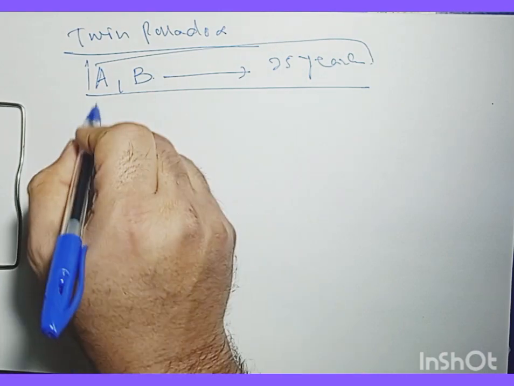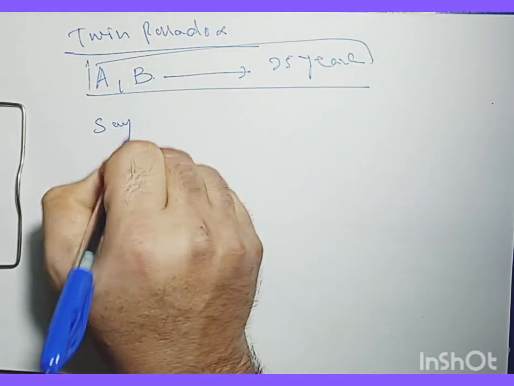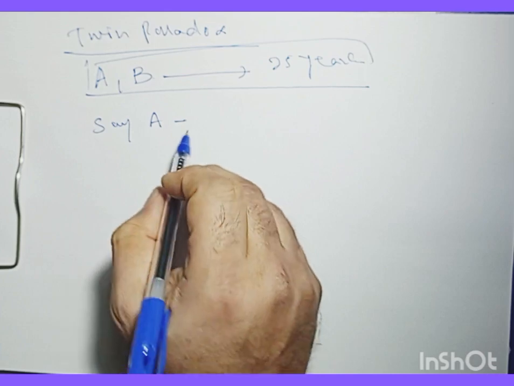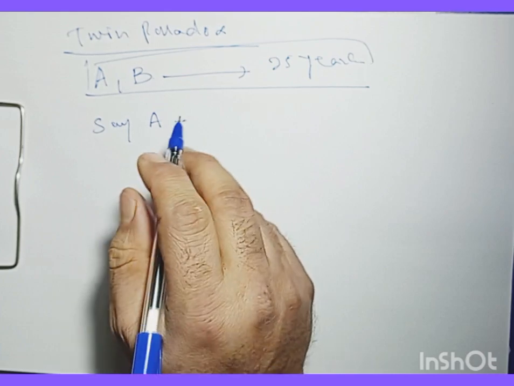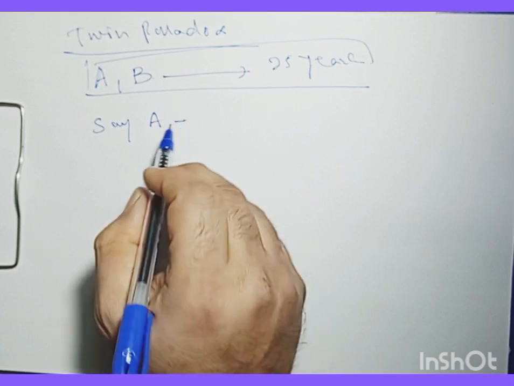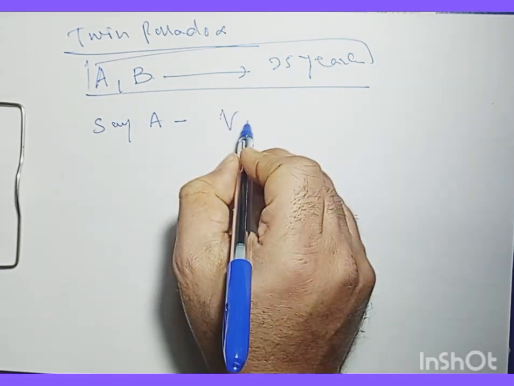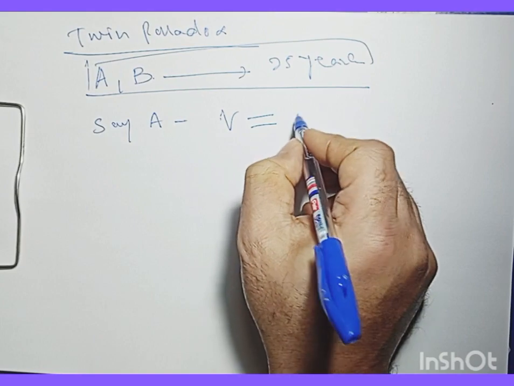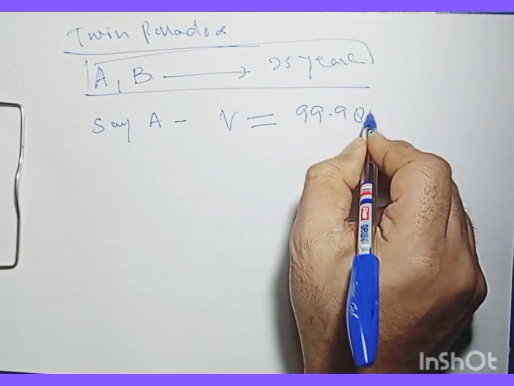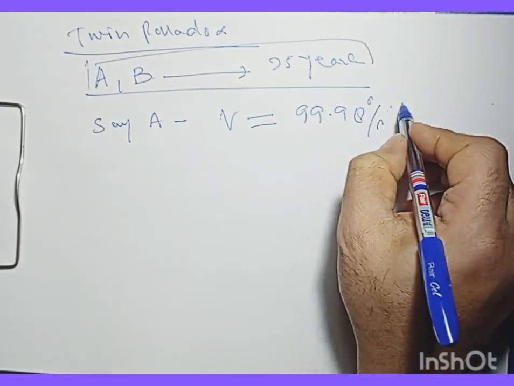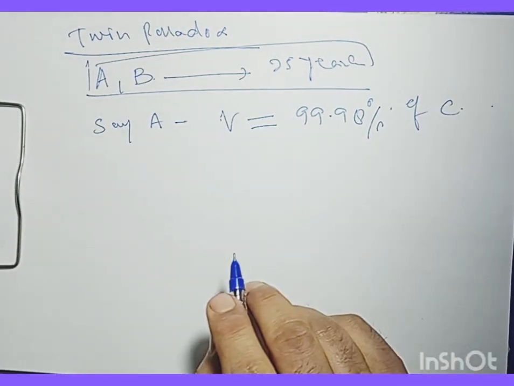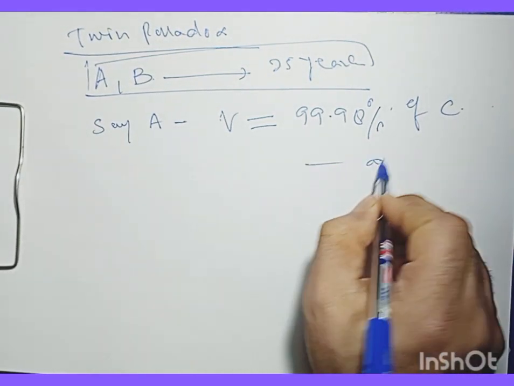Now one of them, say A, sits in a spaceship, and this spaceship travels with a speed of the order of, say, 99.98% of c, where c is the speed of light, along the x direction.